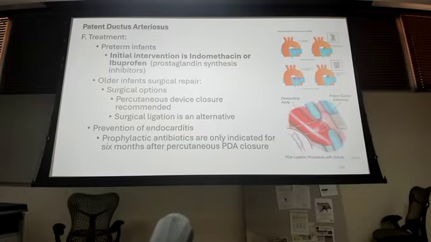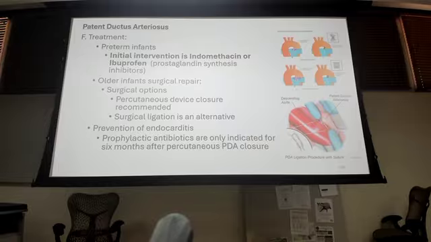As far as treatment goes, if you have a preterm infant where that prostaglandin level regulation is a problem, you can actually give them an NSAID, like ibuprofen, and it will drop that prostaglandin level and then cause the closure of this ductus arteriosus.